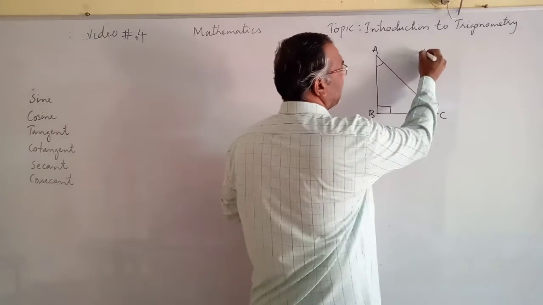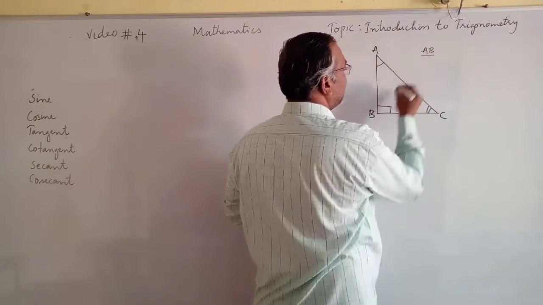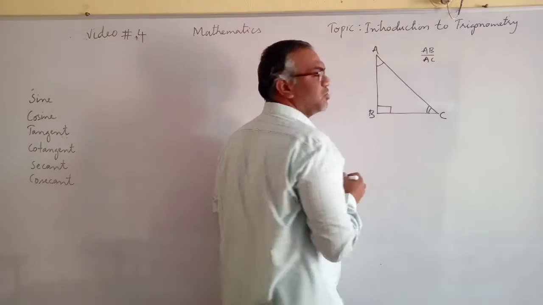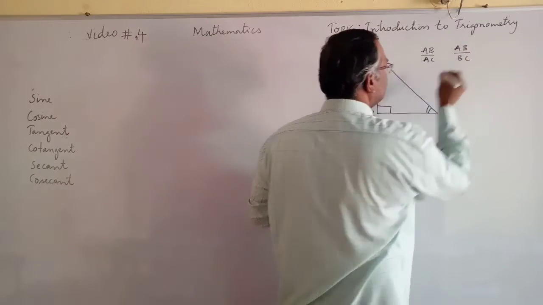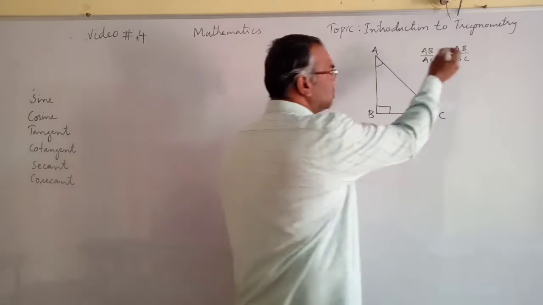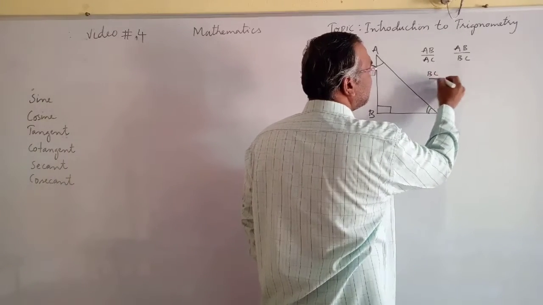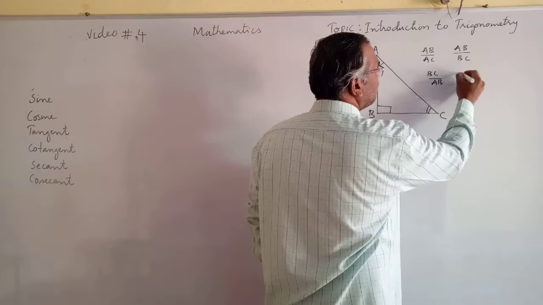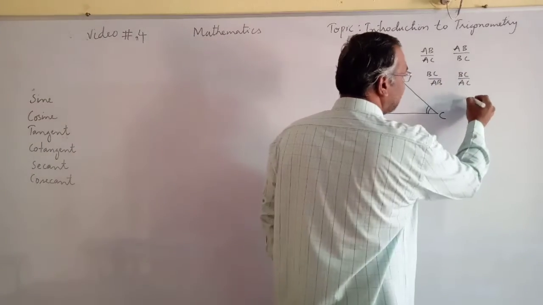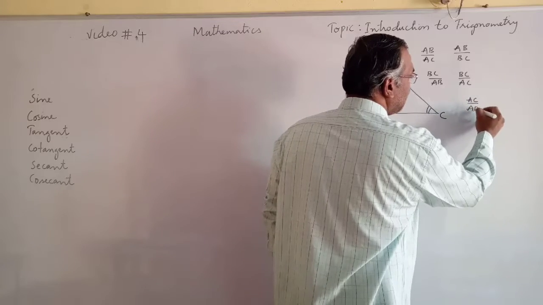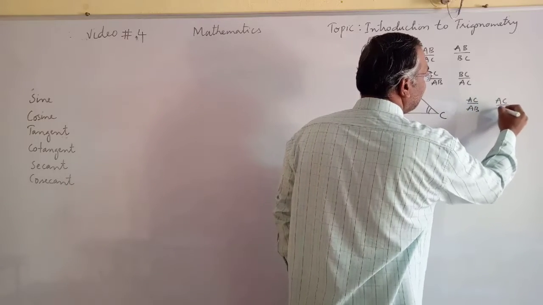For example, AB divided by AC is one ratio, or AB divided by BC is another ratio. Then BC divided by AB, or BC divided by AC, or AC divided by AB, or AC divided by BC.